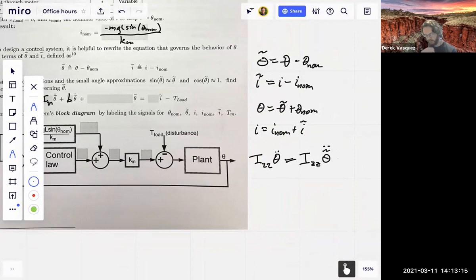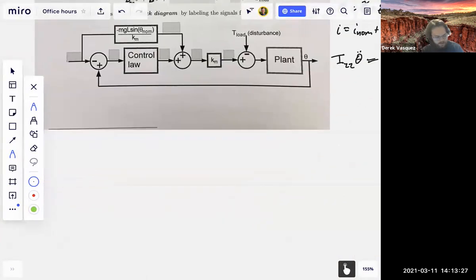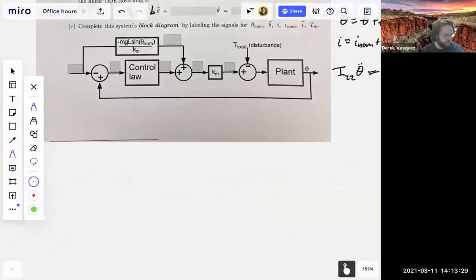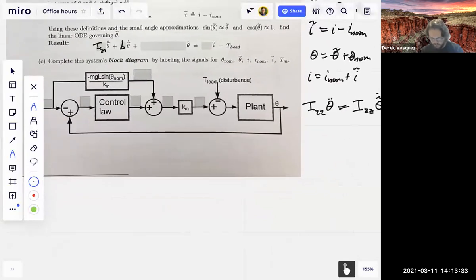And then this last term here, so I'm going to go ahead and write out our, let's see here. Normally, we have that term as minus mgL sine theta.